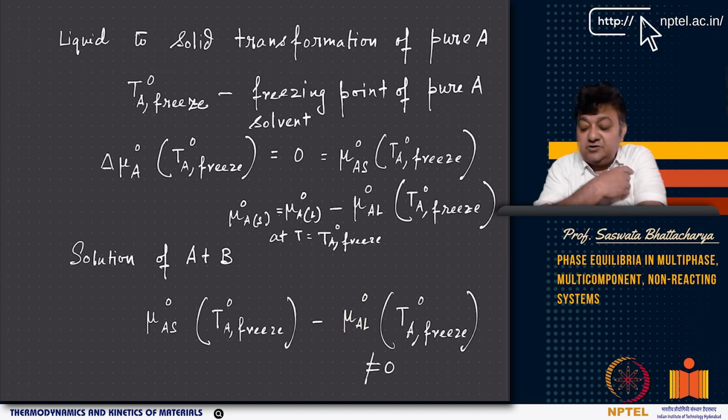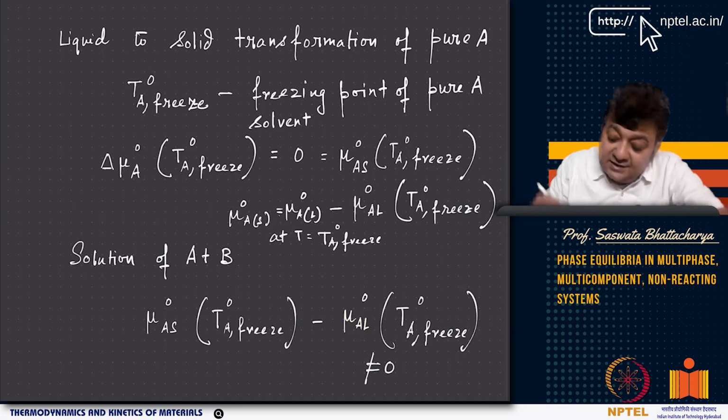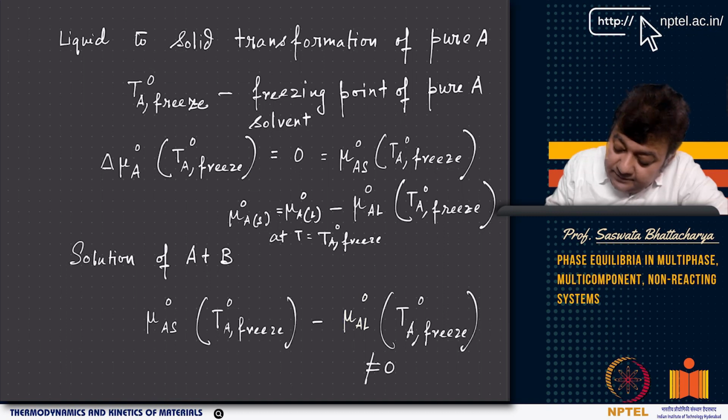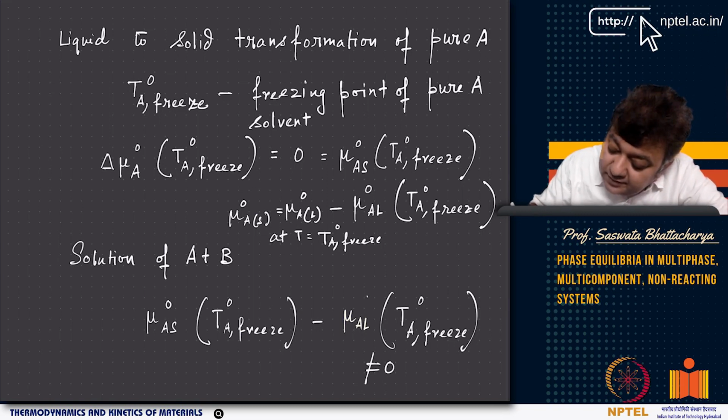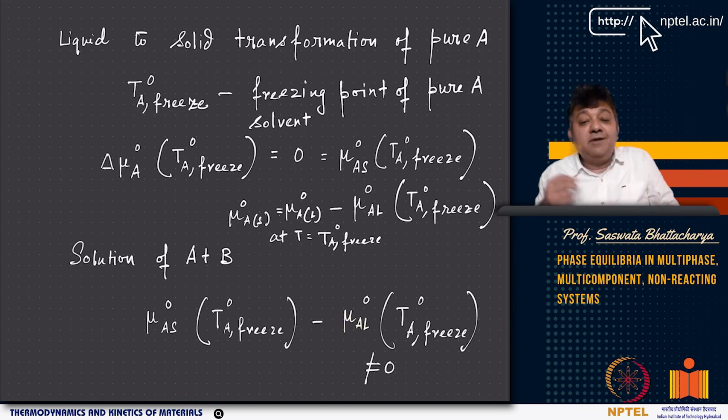Now, if I look at a solution of A and B, and in that solution you are looking at mu A S and mu A L at T A 0 freeze, then when you have a solution of A and B, the difference between the chemical potential of pure A in the solid state and that in the liquid state is not going to be equal to 0, right?